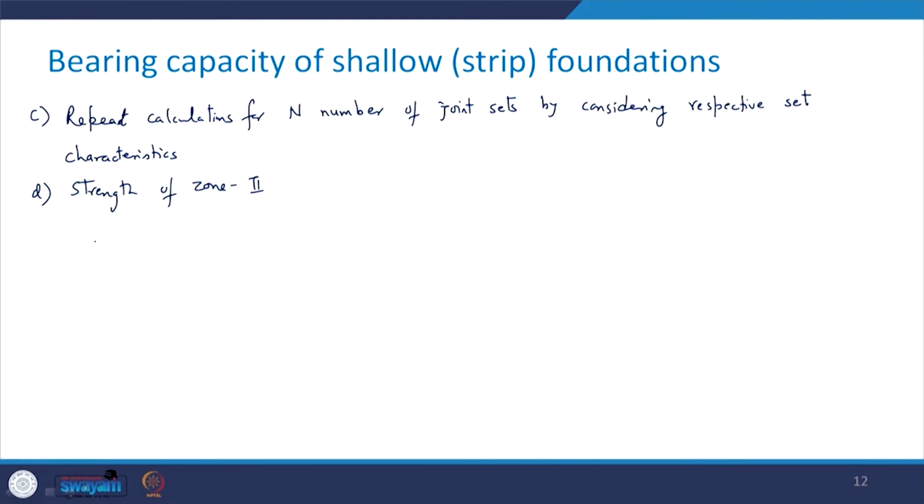That is going to be sigma 1 comma 2 will be equal to minimum of sigma 1 r of zone 2, sigma 1 of the first set of the zone 2, then sigma 1 of the second set of the zone 2, and likewise sigma 1 of the ith set of zone 2, and so on sigma 1 of the nth set of zone 2.